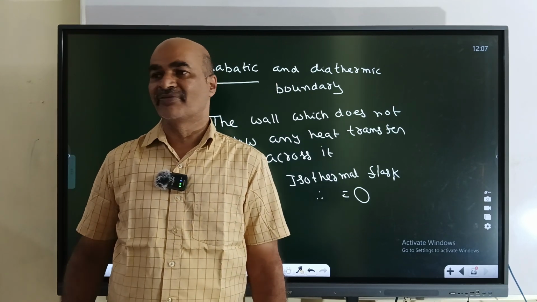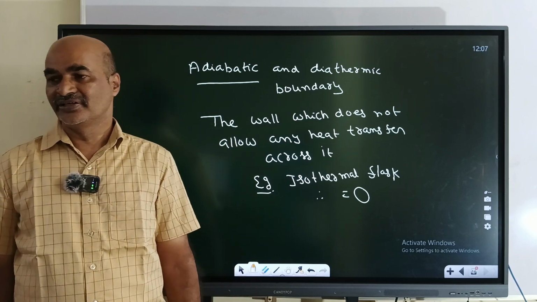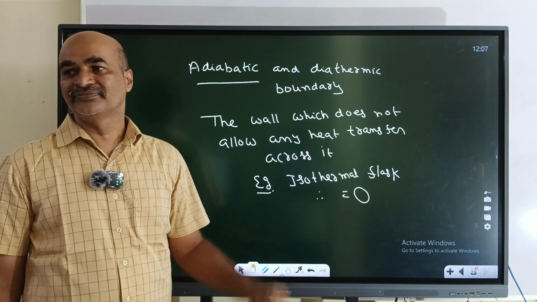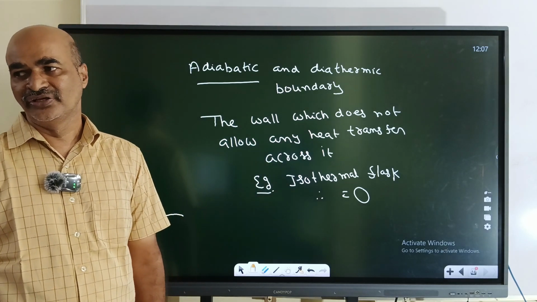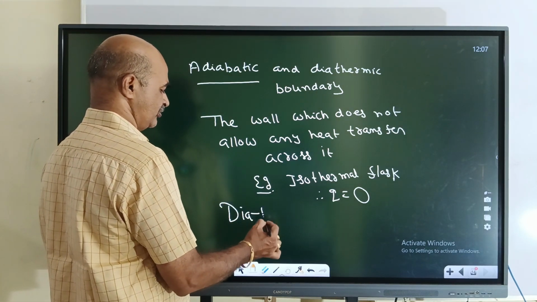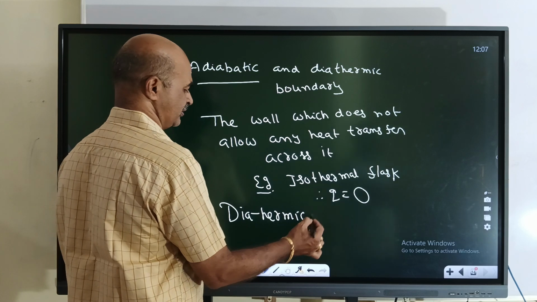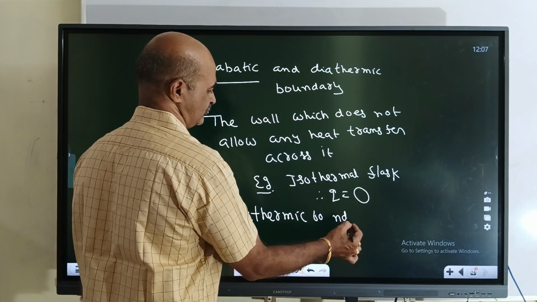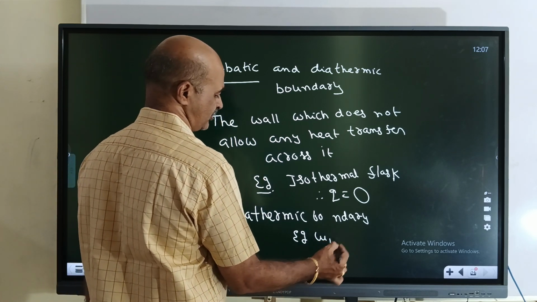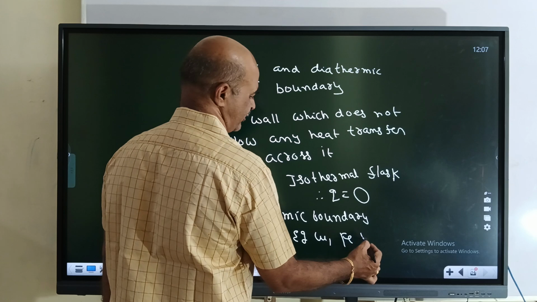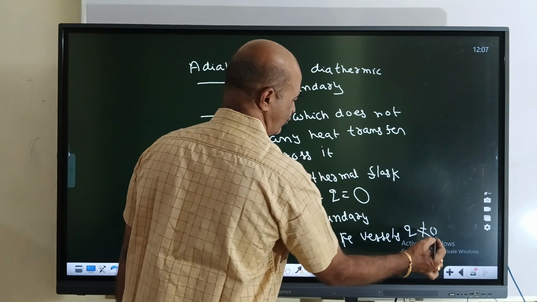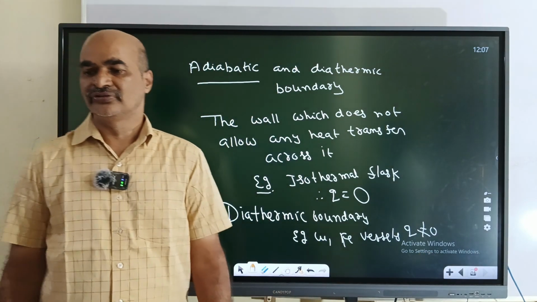But what is a diathermic boundary? The wall which allows heat transfer. Example, copper, iron vessels. Q is not equal to 0.